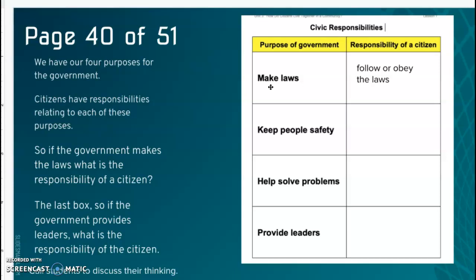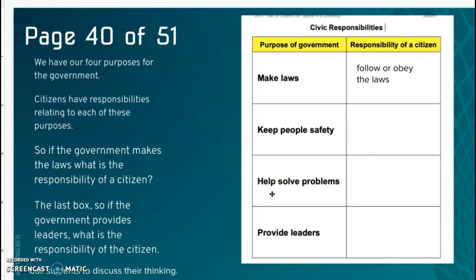As a citizen, your responsibility is to follow or obey those laws. The government's responsibility is to keep people safe. Perhaps your responsibility would be to call 911 if you see someone in trouble, or if you see a fire or see a problem.